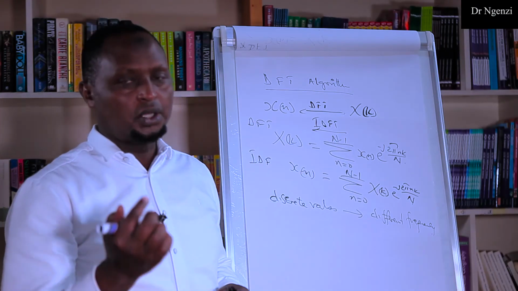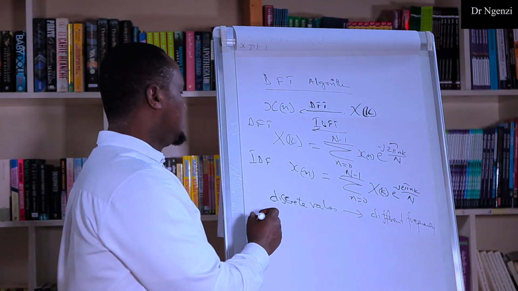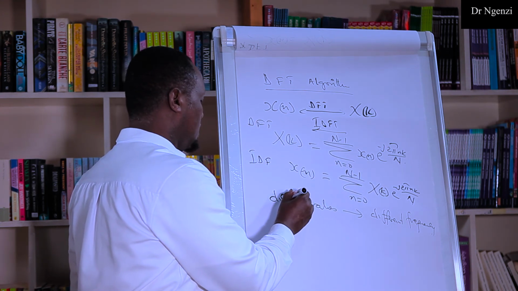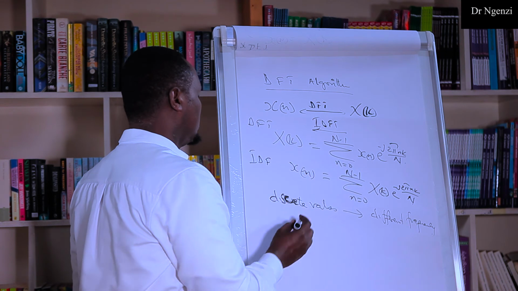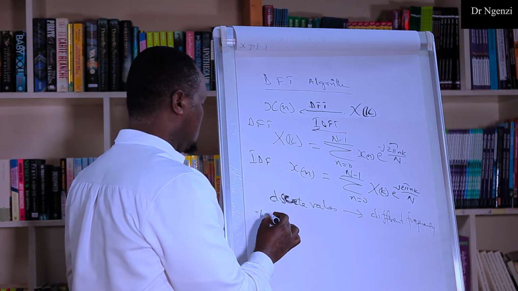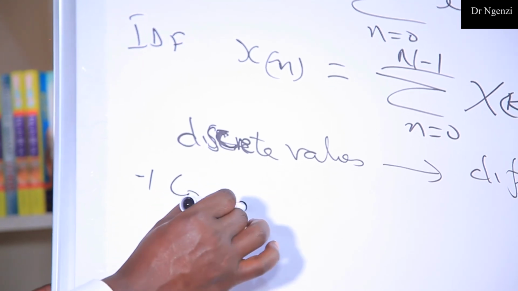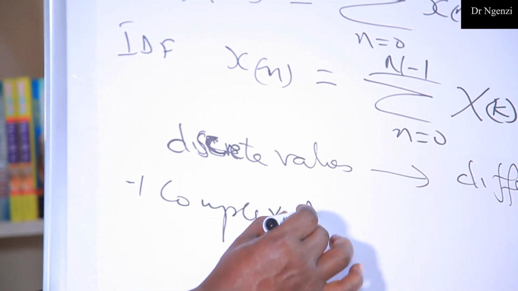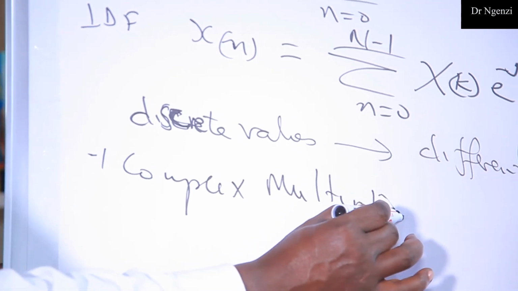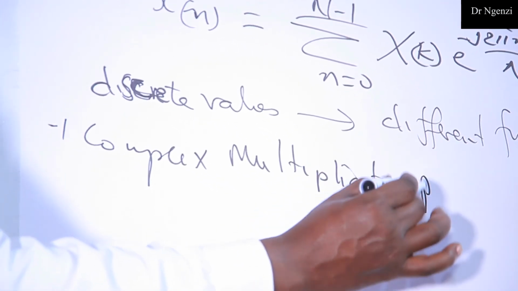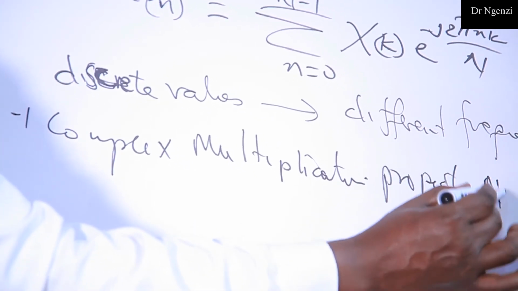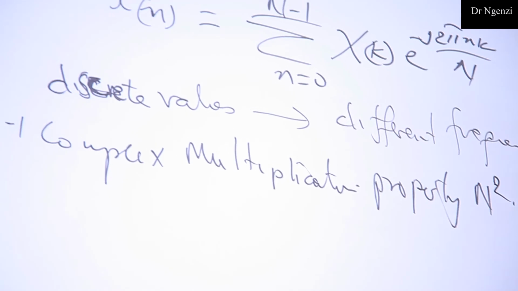Remember, there are two ways to compute this. Number one, we said, is the complex multiplication property, which is N squared.